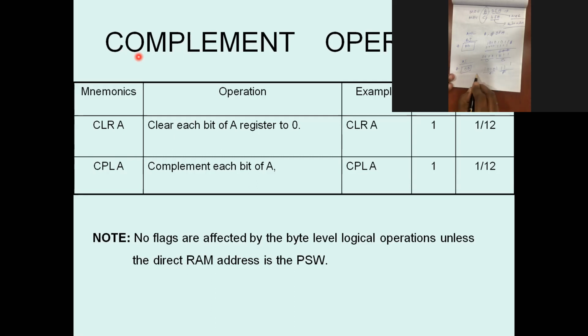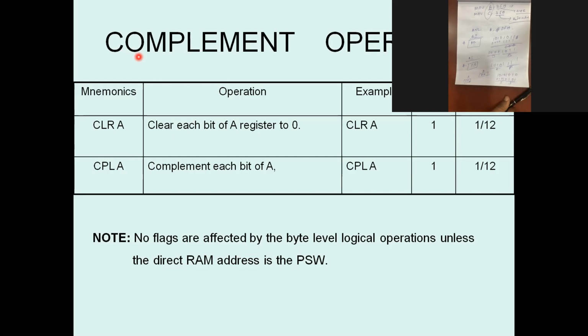Say the accumulator is AA, meaning 10101010. After CPL A it is 01010101, which is 55H. So after the instruction, the accumulator will be 55H. Just the one's complement. Okay, sir.